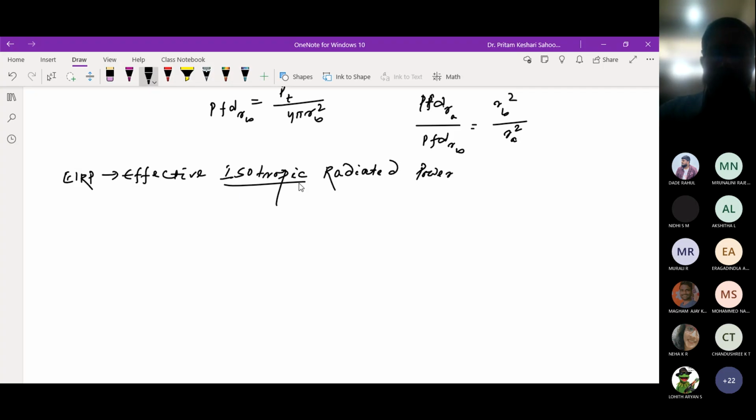That is why we have taken the term isotropic. Isotropic means the power is radiated in all directions, in the 360-degree direction.